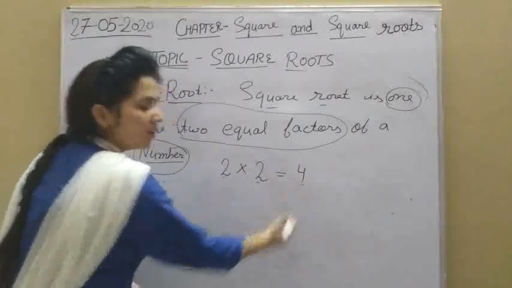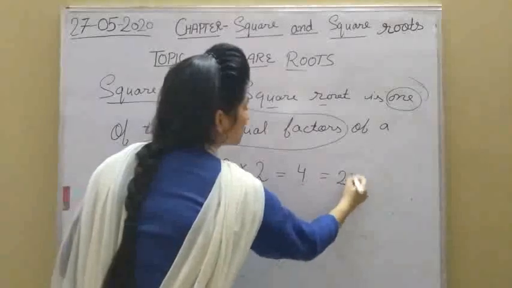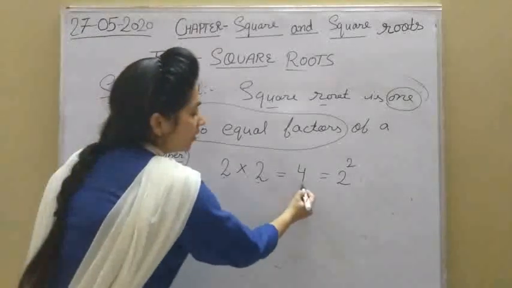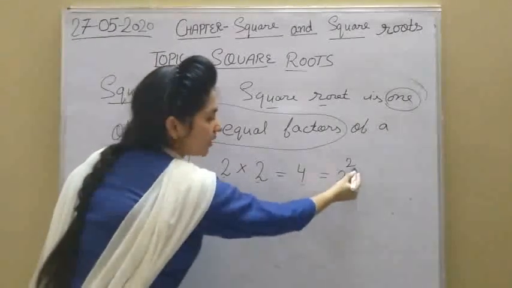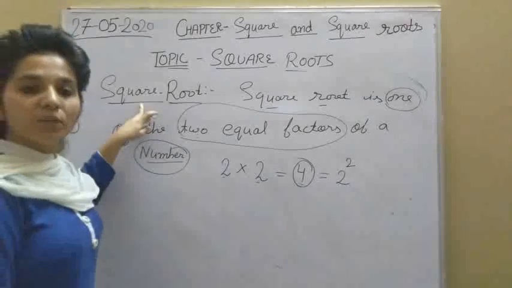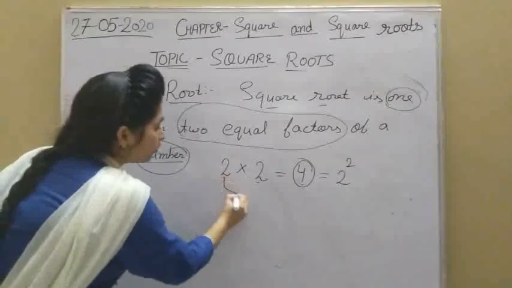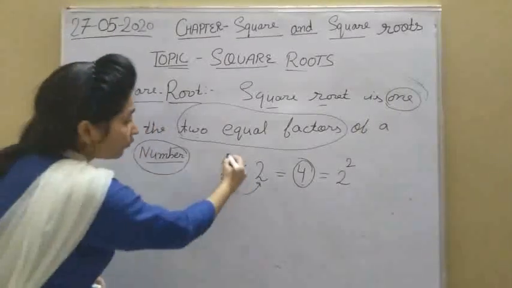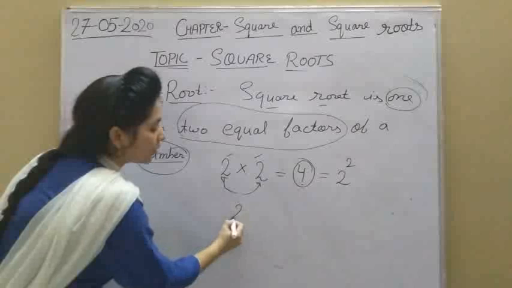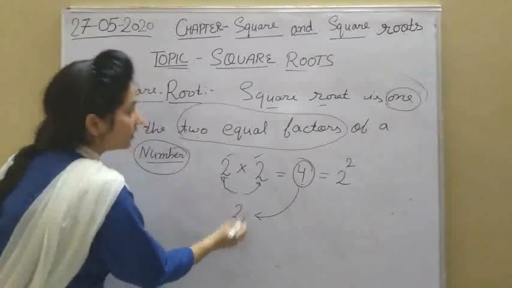You can write it as 2 square will be equal to 4, but according to the definition, square root is one of the two equal factors. उन two equal factor में से, और वो दोनों फैक्टर कैसे होने चाहिए, हमारे सेम होने चाहिए. उन दोनों फैक्टर में से कोई भी जो एक नंबर होगा हमारा, वो उस गिवन नंबर का क्या हो जाएगा, स्क्वायर रूट.